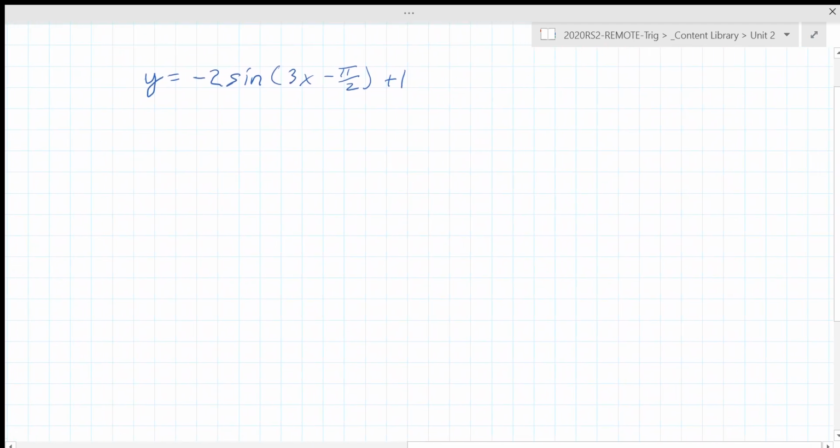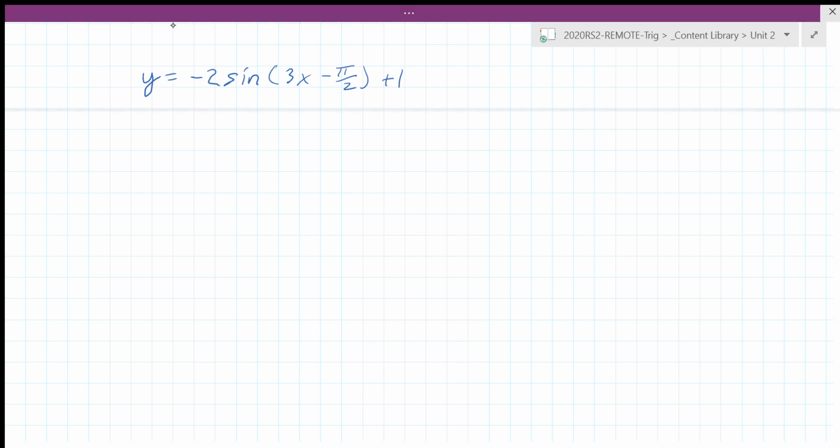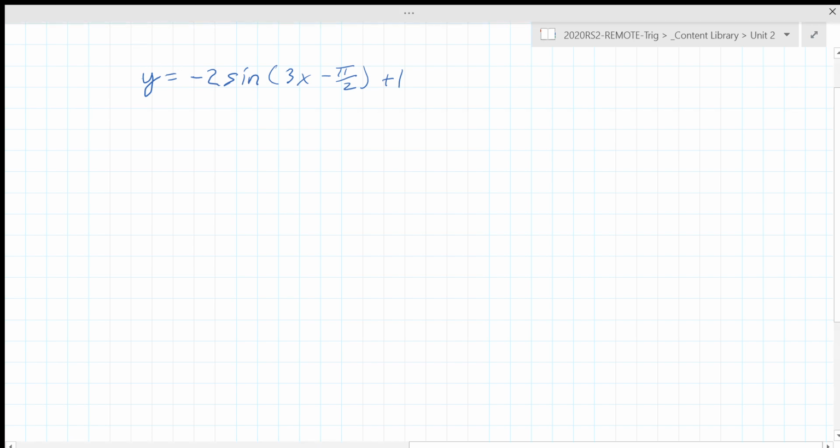Okay, what about a negative sine function? We're going to start it the same exact way. We have a period of 2 pi divided by b, which is 2 pi thirds. And then our interval is going to be 0 less than or equal to 3x minus pi halves less than or equal to 2 pi.